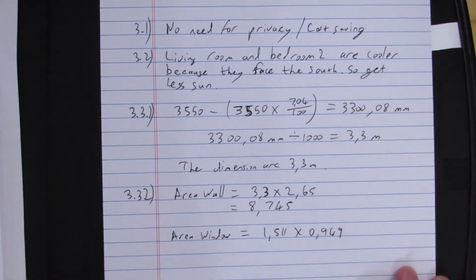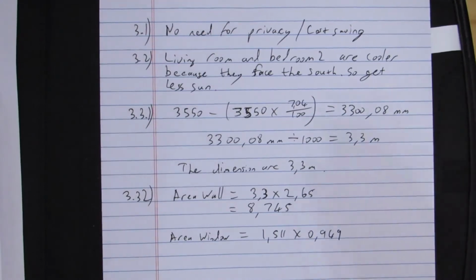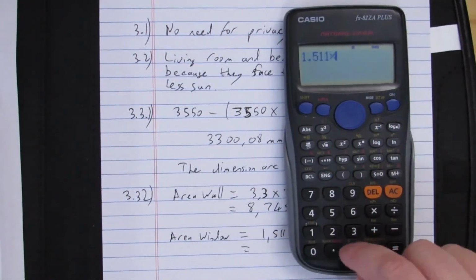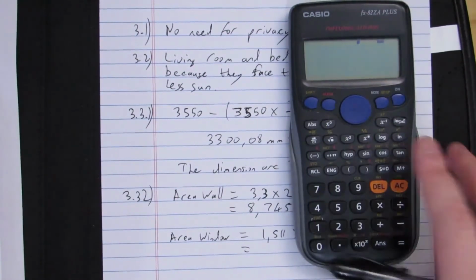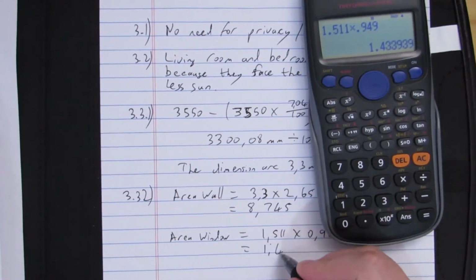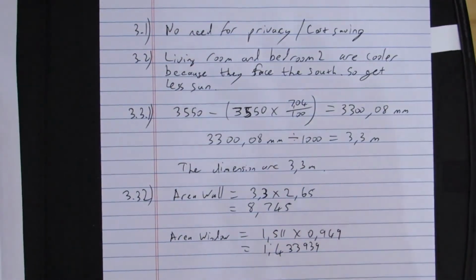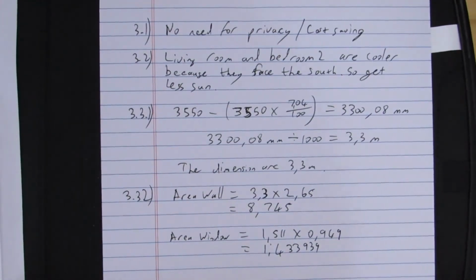I'm doing my conversions now so that I don't have to worry about doing finicky conversions later with square meters, etc. 1.511 times 0.949, double check, yes, I get 1,433939. Okay, for posterity's sake, I'm going to keep it as unrounded as possible.